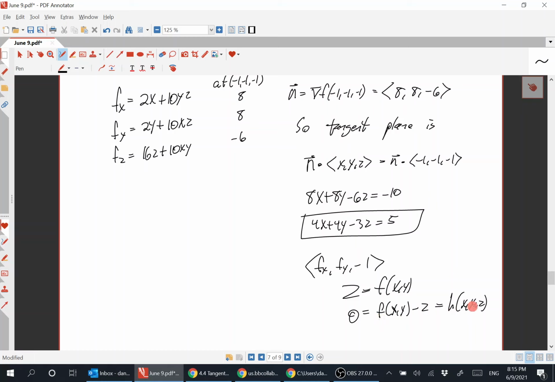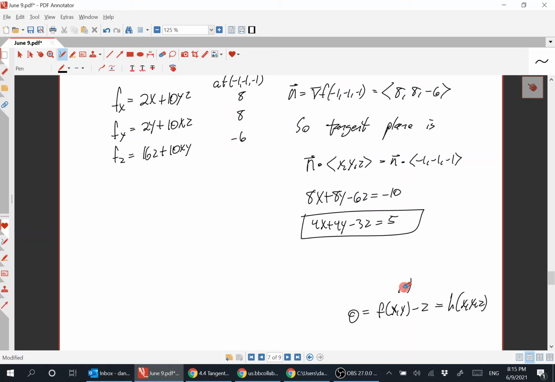With respect to y, h with respect to y is f with respect to y minus 0. And the partial derivative of h with respect to z is negative 1. So this is actually the gradient of h. Same idea, just in a different form.